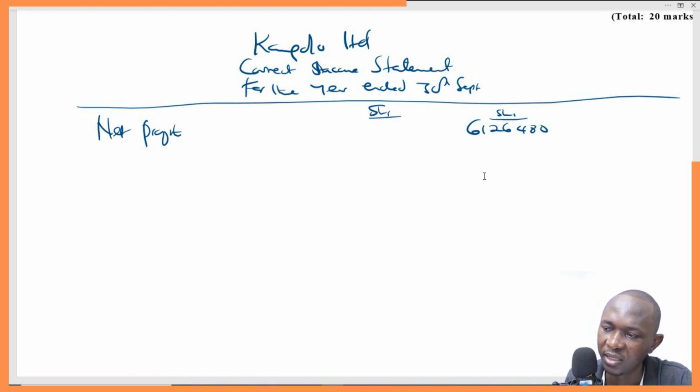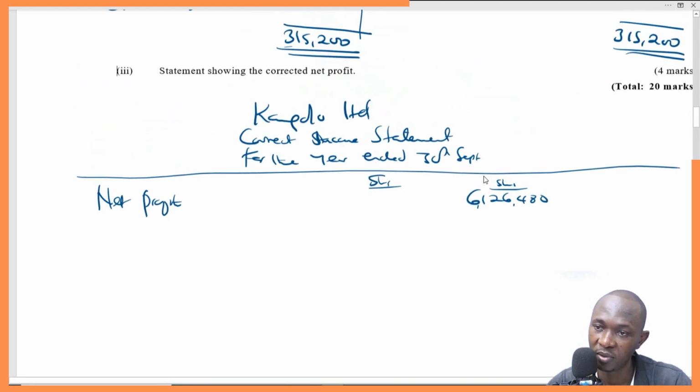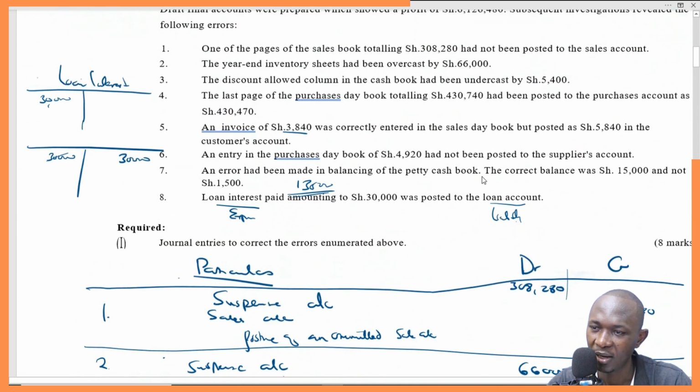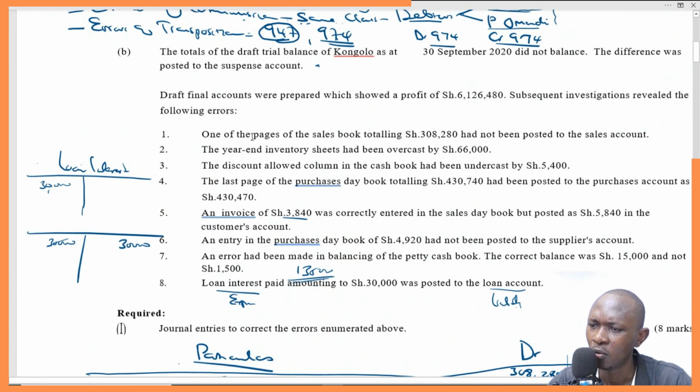So net profit, that is the figure, 6,126,480. Then now we look at the effect of some of these changes. Like the first one. One of the pages of the sales day book, total and theory, had not been posted to the sales account. So you see this one will have the effect of increasing the net profit.